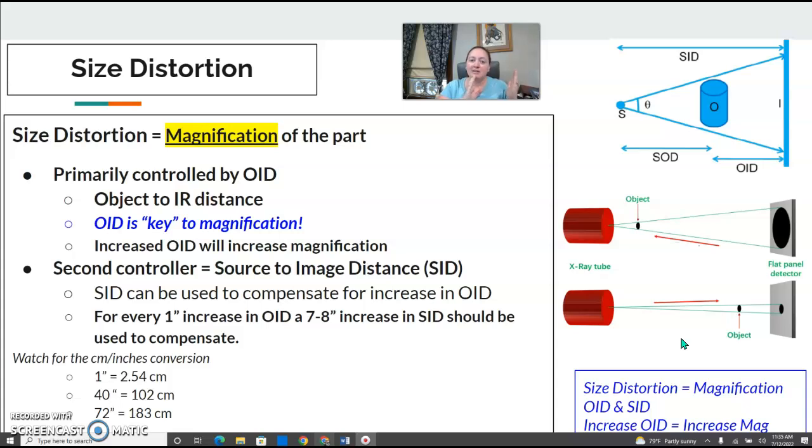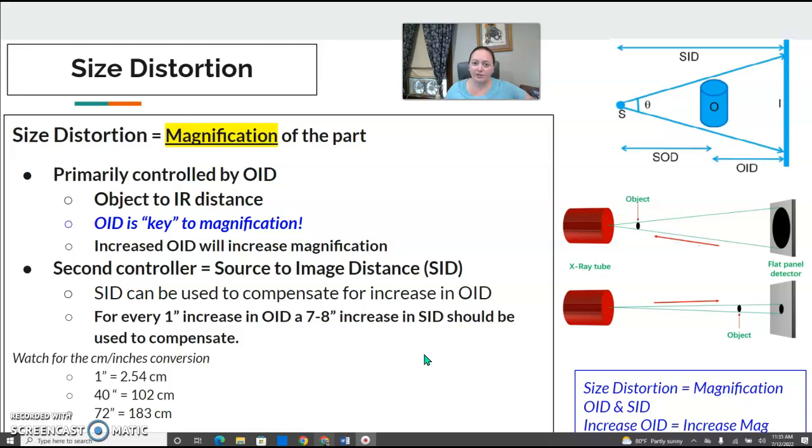So because we can't decrease the OID ourselves, we're going to increase the SID to compensate. So we use the 72-inch distance for our lateral C-spine because of that OID. Textbook-wise, for every inch of OID, you're supposed to increase your SID, I think, 7 to 8 inches to compensate.